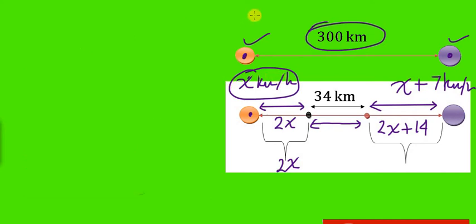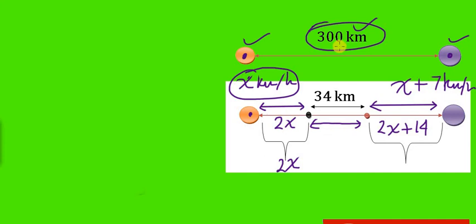Now let's find an equation, solve for x, and then find the motorcyclists' real speeds. This total distance of 300 kilometers is nothing but this 34 kilometers, plus the distance covered by this motorcyclist, that is 2x, plus the distance covered by this motorcyclist, which is 2x plus 14. So we have made an equation.